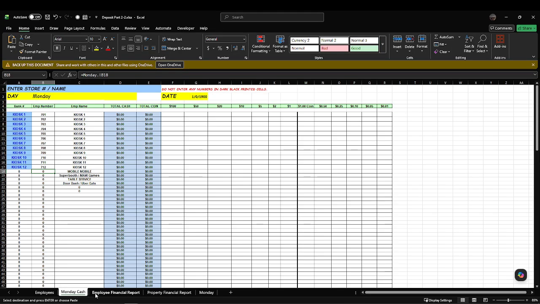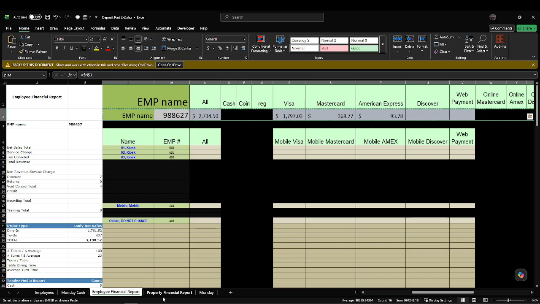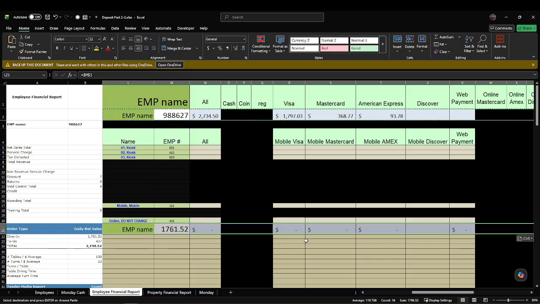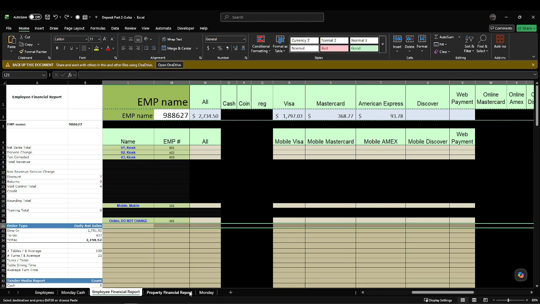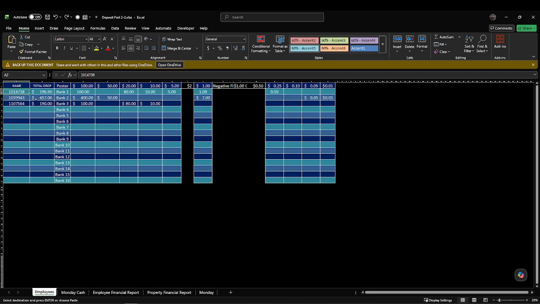So the person who had that cash is on the right row, because if it's on the wrong row, we have issues. So yeah, I do that with all the employees. Just copy, paste, and I would have that taken care of.